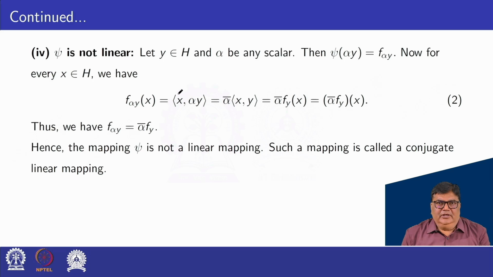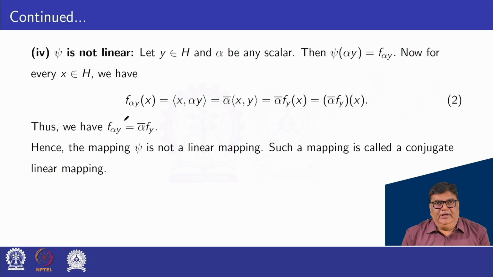As per the property of inner product, this is alpha bar times inner product of x, y. Again, we apply the definition of Fy. This can be written as alpha bar Fy of x.